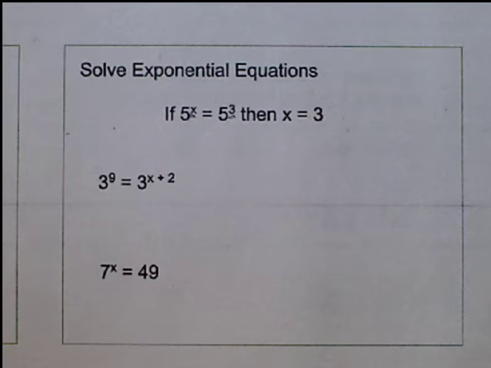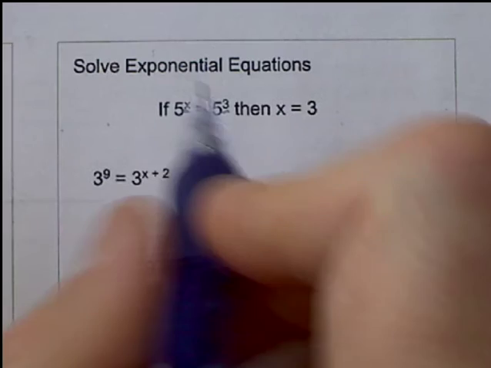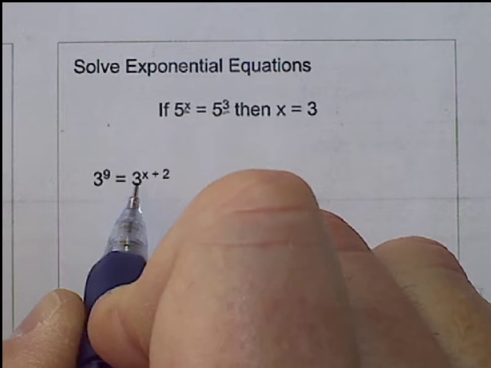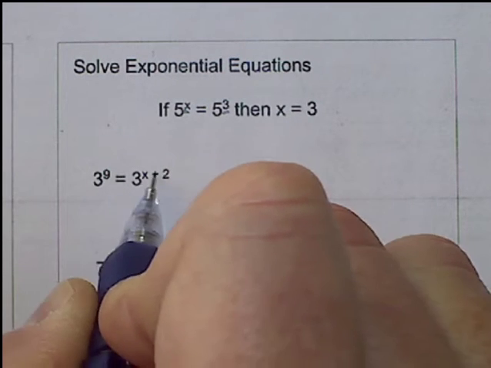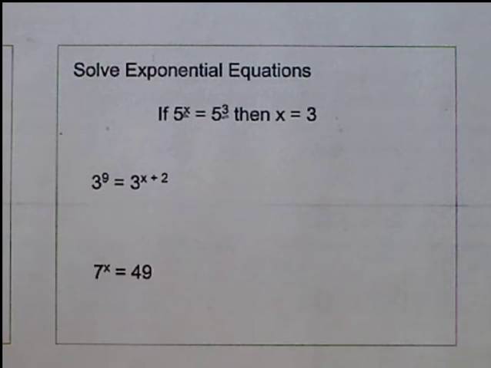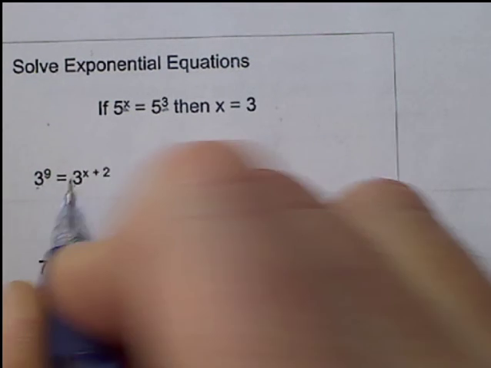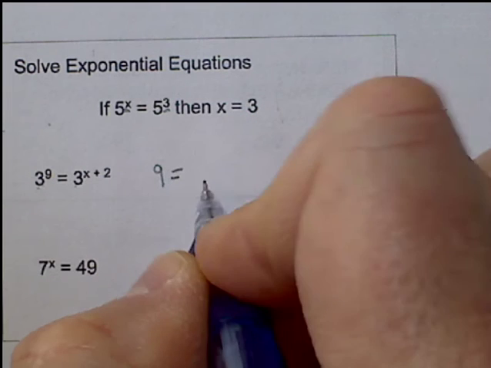Okay? And so we can use that information to our advantage. If two numbers have the same base and they're equal to each other and the exponents are different, then we can set those exponents equal to one another. So since these have the same base, 3, we can just do this: 9 equals x plus 2.